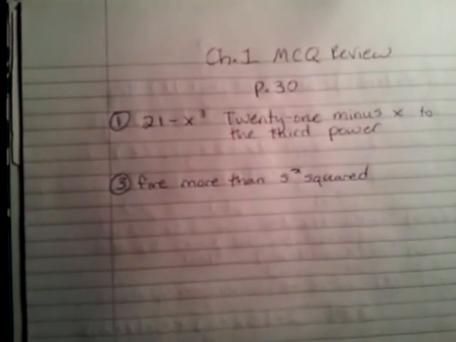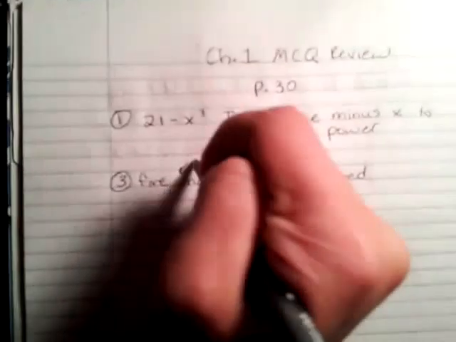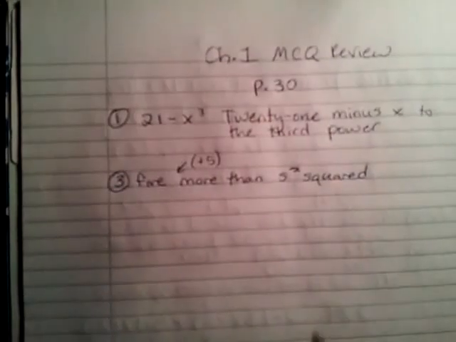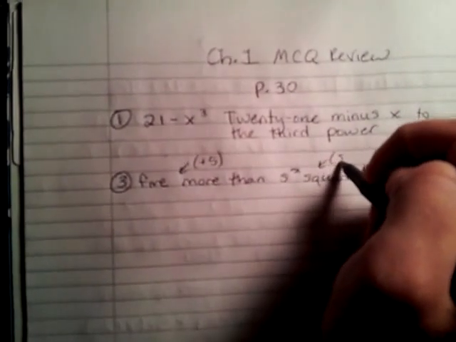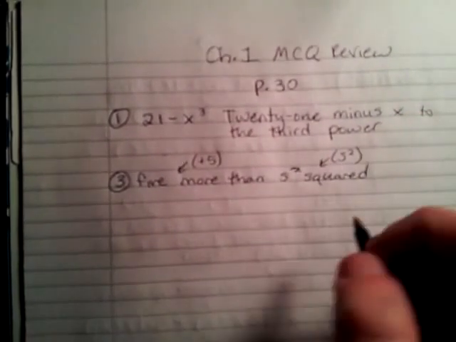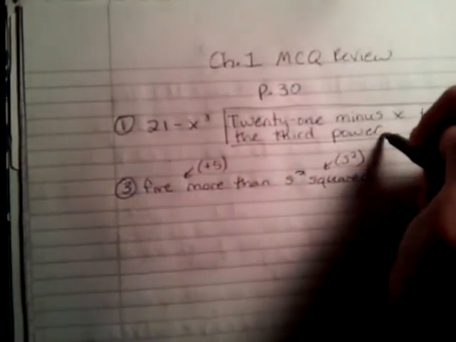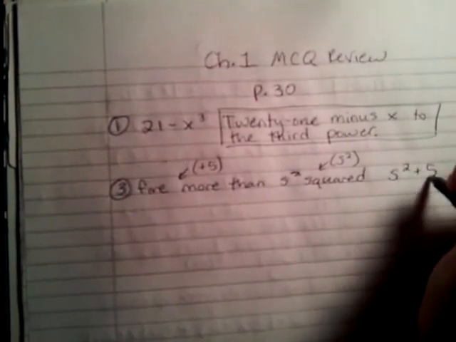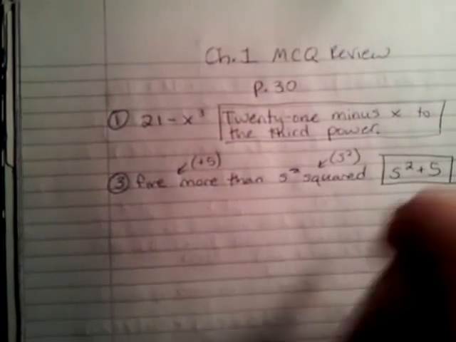Not so tricky. 5 more means that something's going to be there with 5 added onto it, and clearly this is going to look like s squared. We know how to say that. So let me put a box around our answers first so you know what the answer actually is. s squared plus 5 would be a good answer to this one.